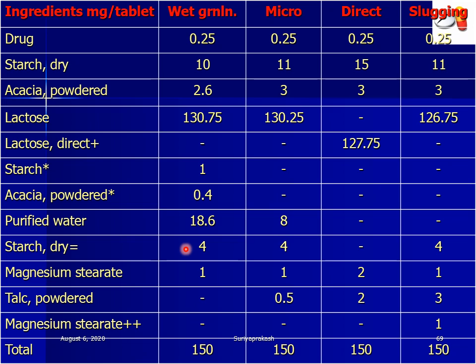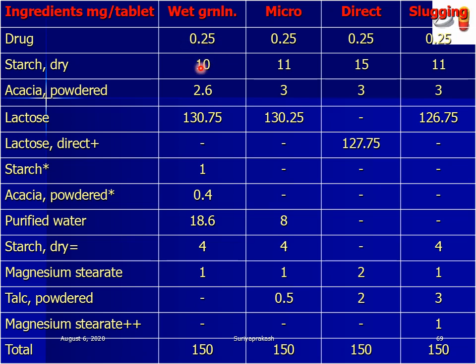Three places starch is used, right? Now what is the idea of having starch in three places? To improve the disintegration time. That means the tablet will disintegrate very quickly when you add the starch powder at three different places.